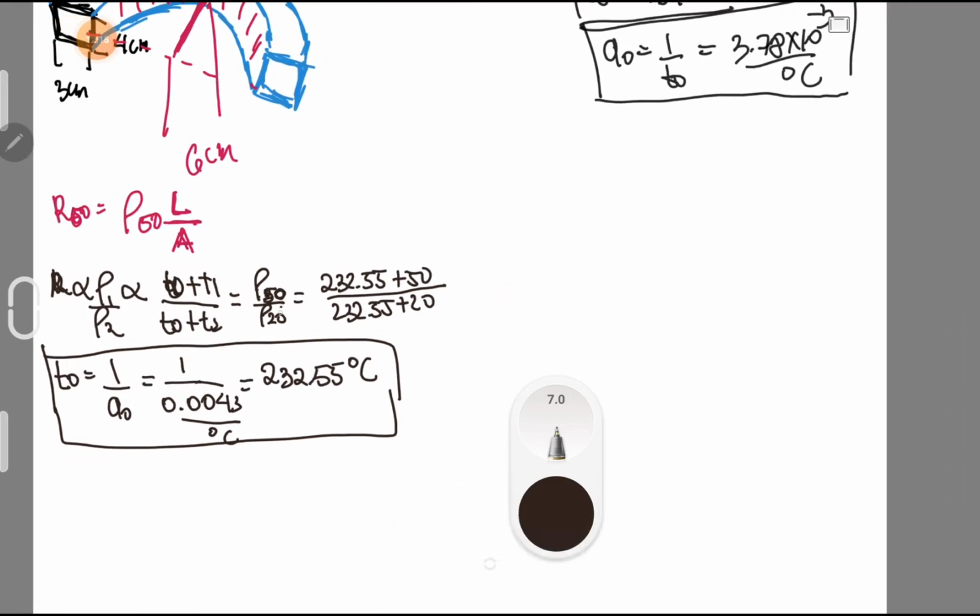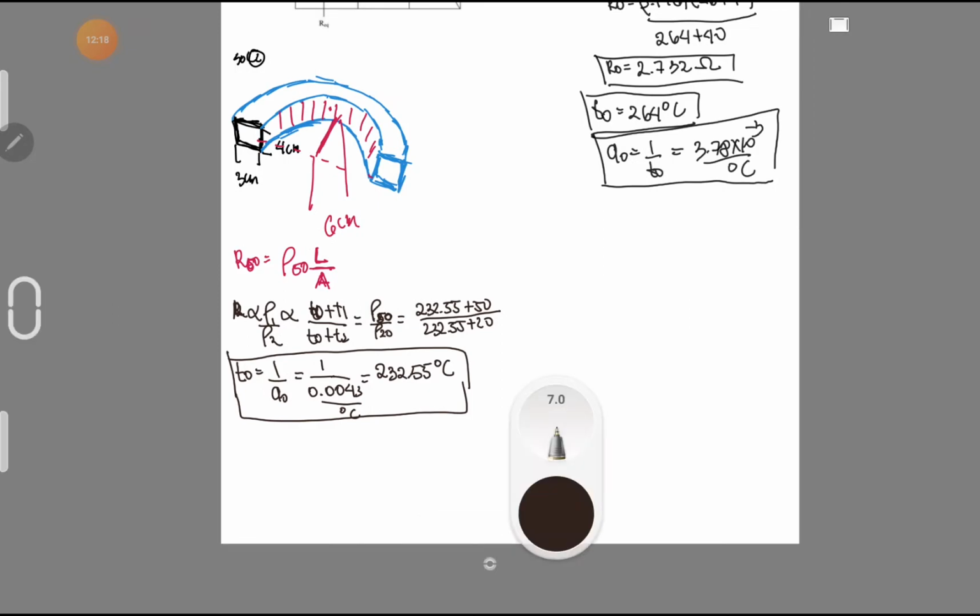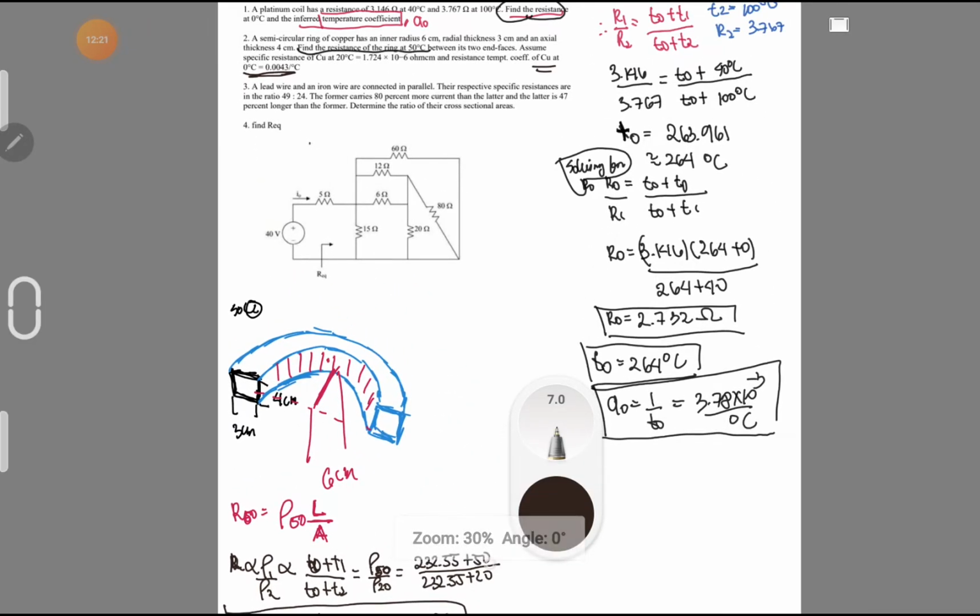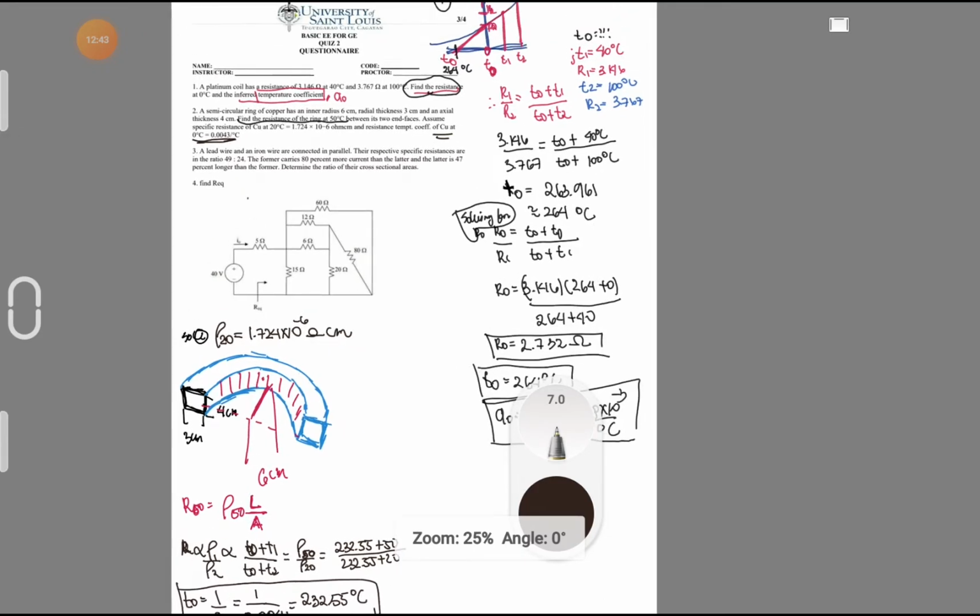Since meron na tayong rho 20 dyan, which was initialized, rho 20 is equal to 1.724 times 10 raised to negative 6 ohm cm. Yan. Okay, so hindi 10 minus 6 yan, 10 raised to negative 6 yan, guys.